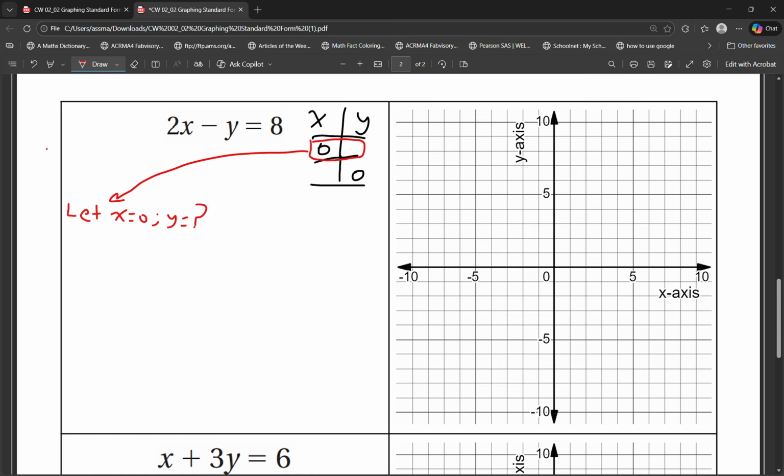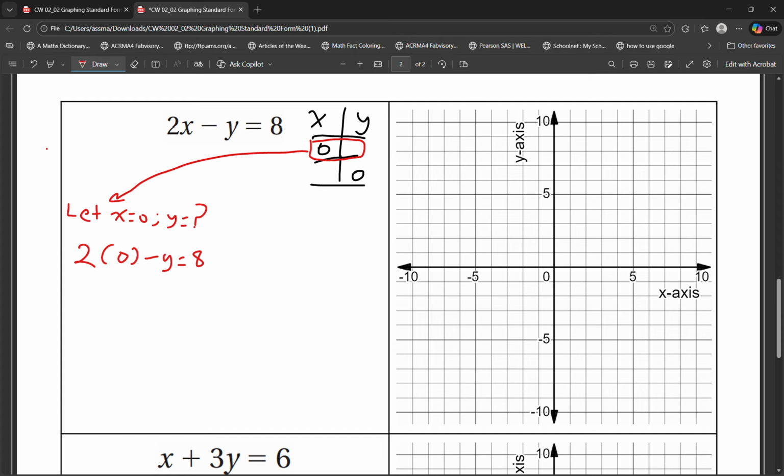So when we do this, we'll receive the x. So we'll say 2, and in the x, we're going to put in a 0, and then minus y, and that's going to equal 8.